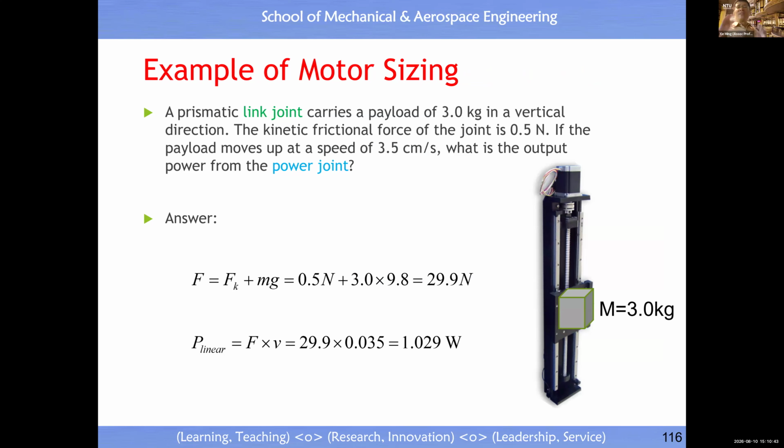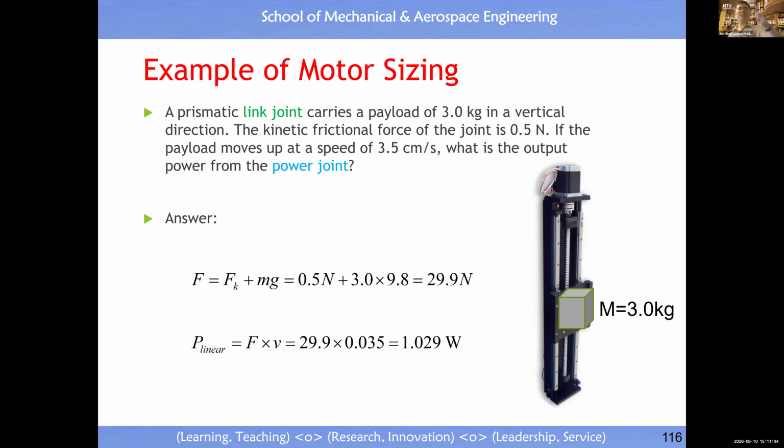This depends on the maximum payload and the maximum velocity. Based on maximum payload and maximum velocity, you know the maximum power. Once you know the maximum power, you can choose the power of the motor, because to choose a motor, one important parameter is output power, mechanical power.